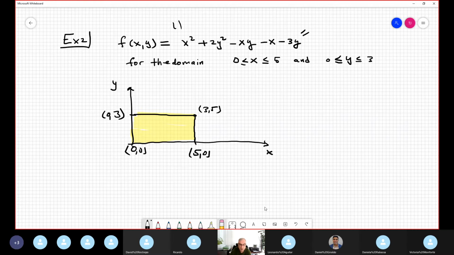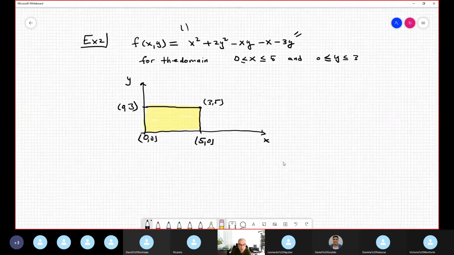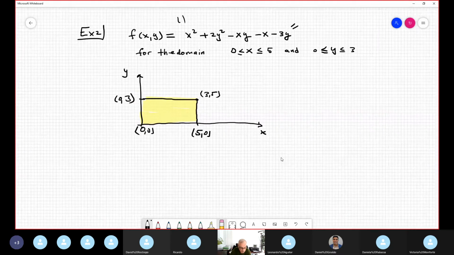Remember the idea is always find the critical points, critical values. First of all, you take the first derivative with respect to x, and the first derivative with respect to y.